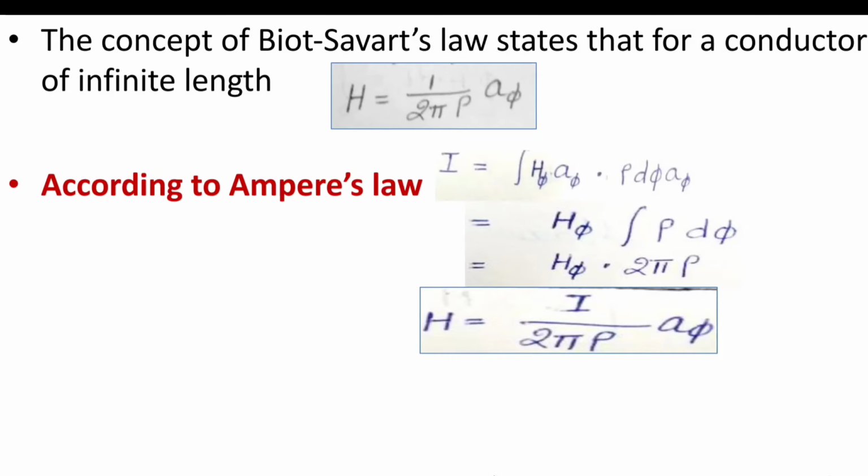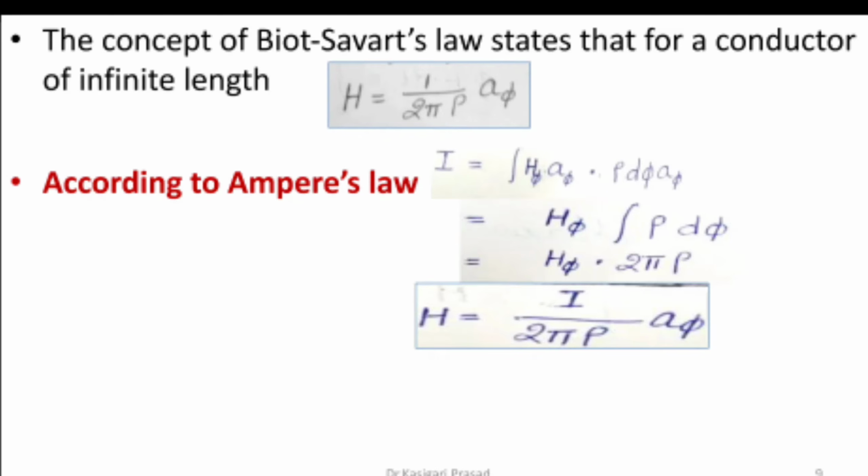Therefore, taking H phi outside, we have the integral of rho d phi, and rho d phi over the circle gives the distance covered, 2 pi rho. So H phi times 2 pi rho equals I, and H is equal to I divided by 2 pi rho times a phi. This is the magnetic field produced for an infinite line current as per Ampere's circuital law.